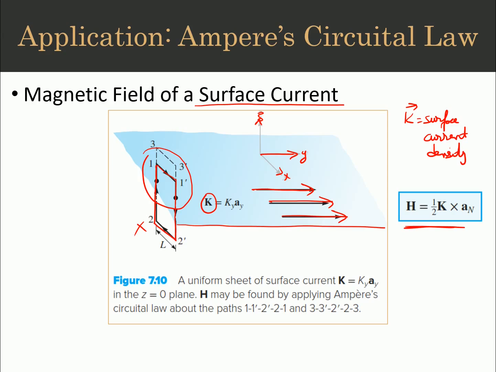What is the normal? The effect of this field is leaving the surface along the a z direction, so the magnetic field effect over here is normal to the surface. That's why the equation has the unit normal vector, but remember it's a cross product, not a multiplication. So this is one representation of the magnetic field on a surface sheet.